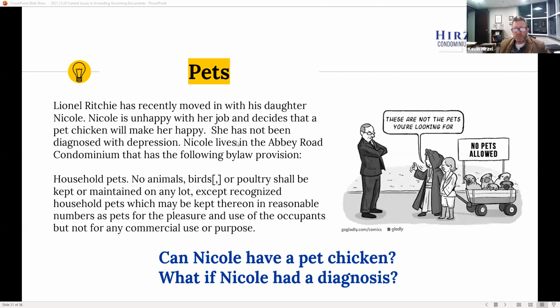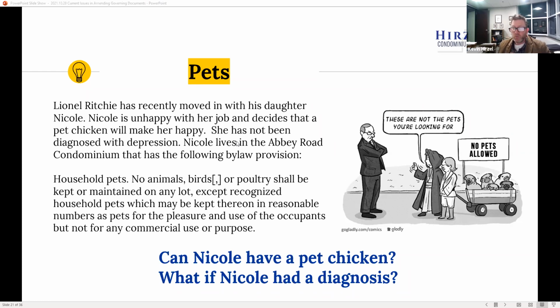But there's a provision in the bylaws that says household pets: no animals, birds, or poultry shall be kept or maintained except recognized household pets, and no pets for a commercial purpose. Can Nicole Ritchie have a pet chicken, and what if she had a diagnosis? This addresses two specific things.